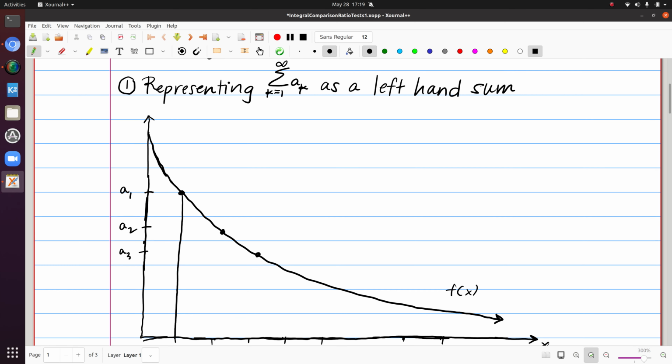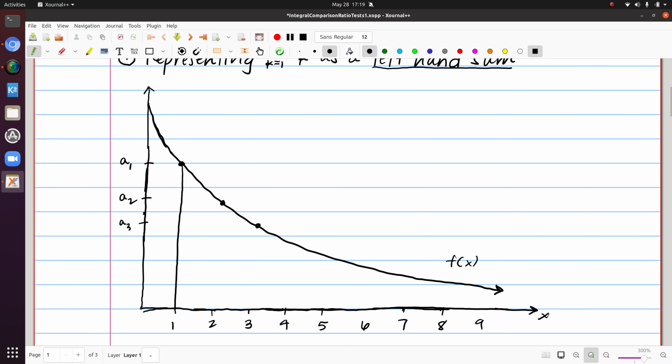So first of all, you'll see here I've indicated that what I'm going to do in this part is treat this as a left-hand sum. So in that instance, that would mean what I've drawn here would be the left edge of my first rectangle. So if I want it to have width 1, I would move out 1 unit to the right. This rectangle that we have here has area equal to a sub 1.